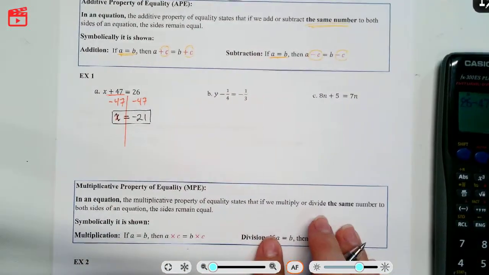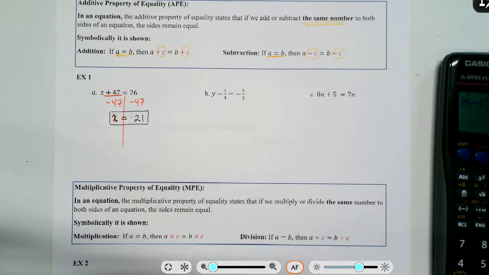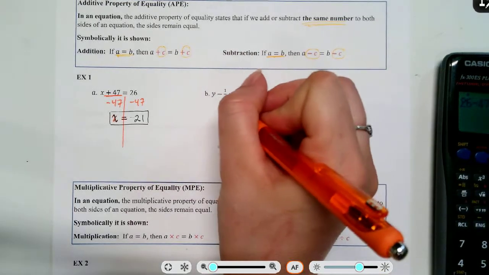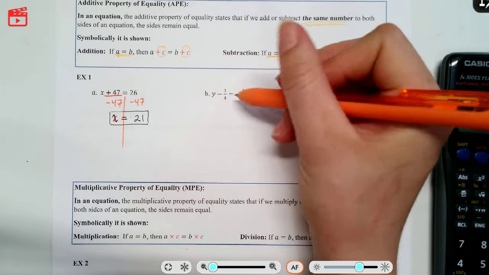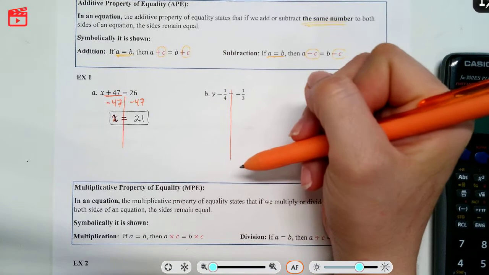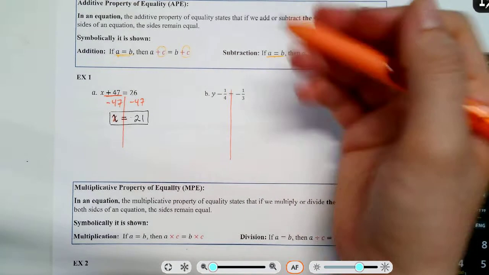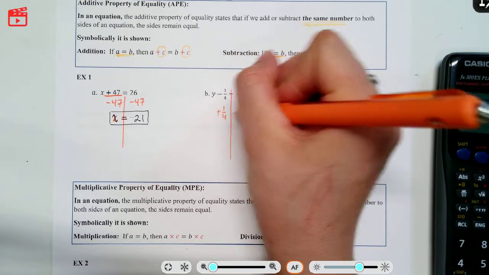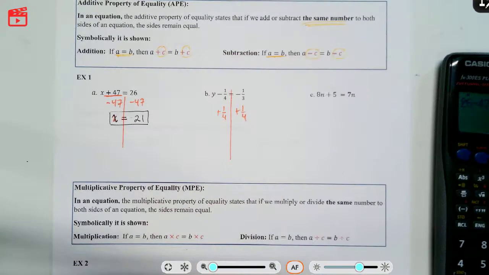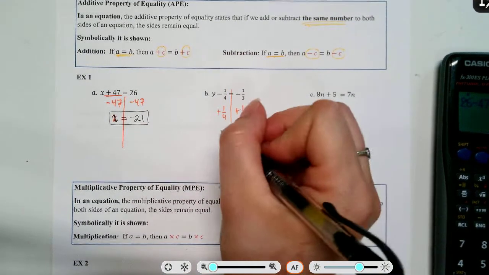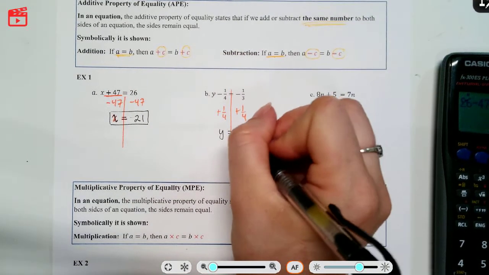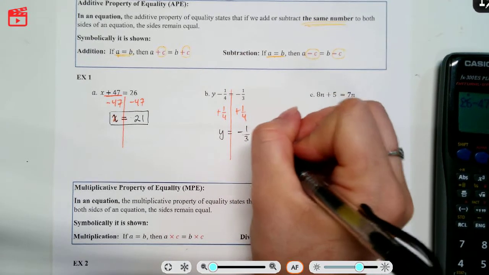All right, the next one. Well, we're trying to get y by itself. So I want to get rid of this negative 1/4. Well, how do you get rid of a negative 1/4? You're going to add a 1/4 to both sides. So y equals negative 1/3 plus 1/4.